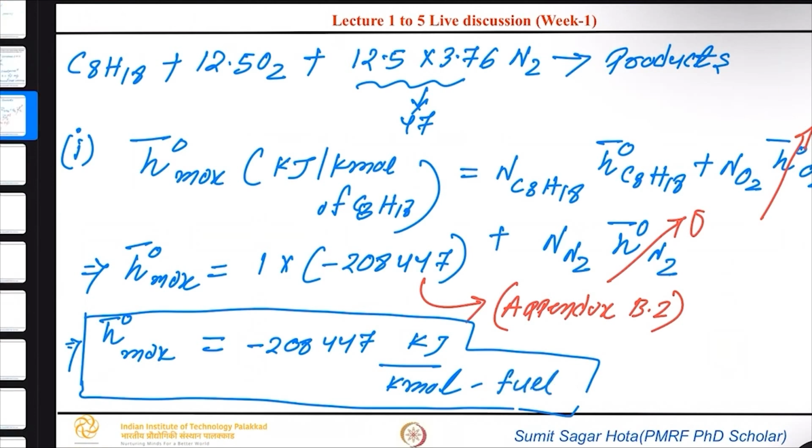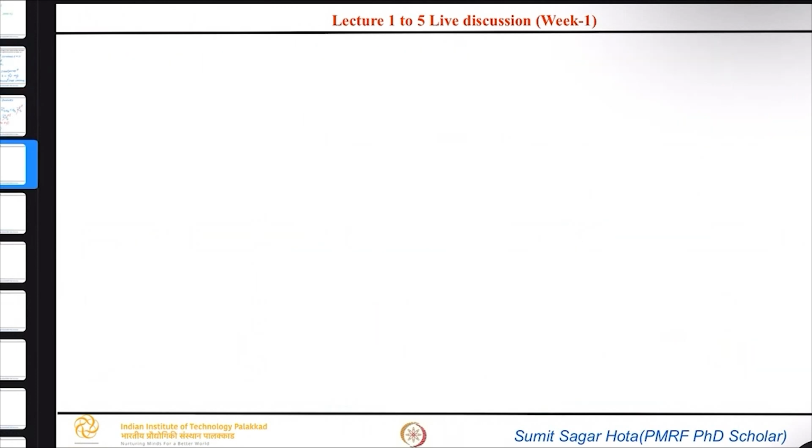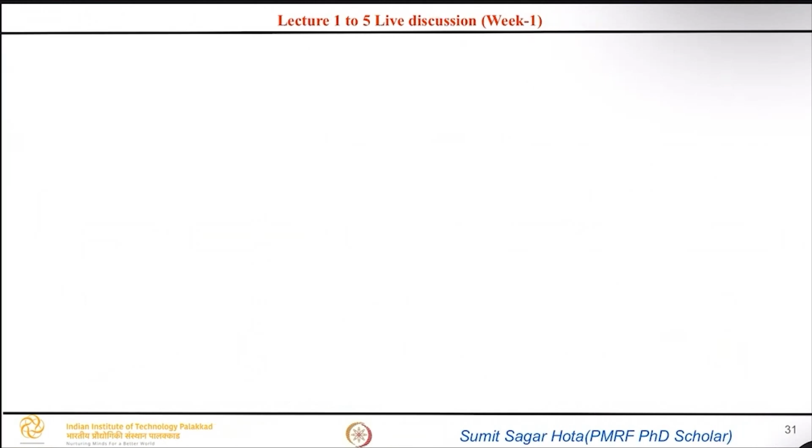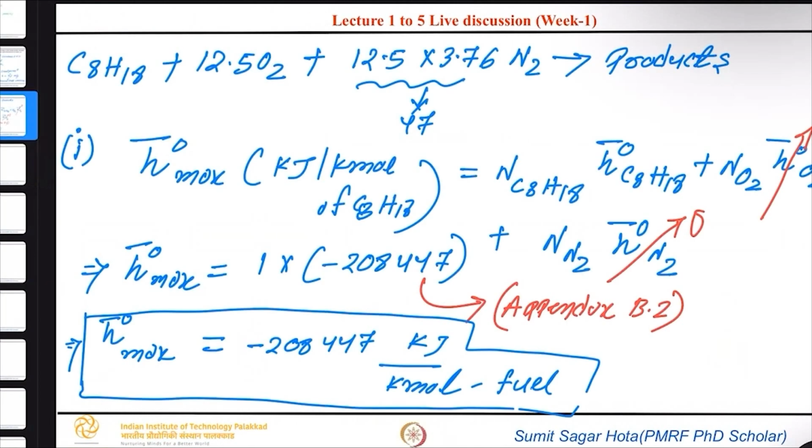And this is what we want. You see the first bit, kilojoule per kilomole of fuel. Okay. And what is the fuel? Fuel is our C8H18. Okay.